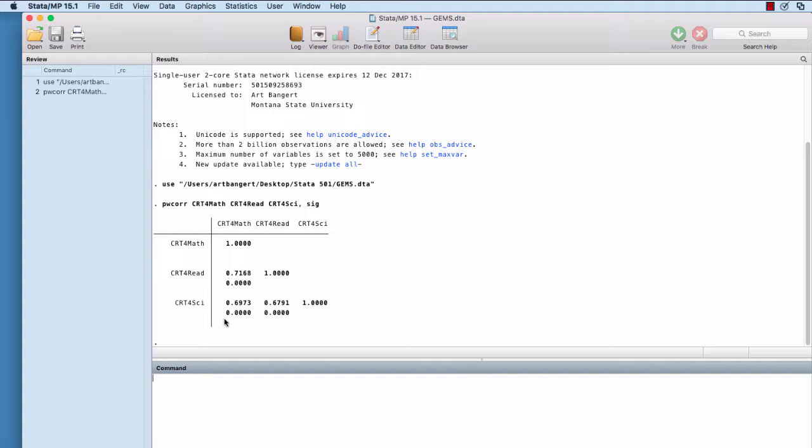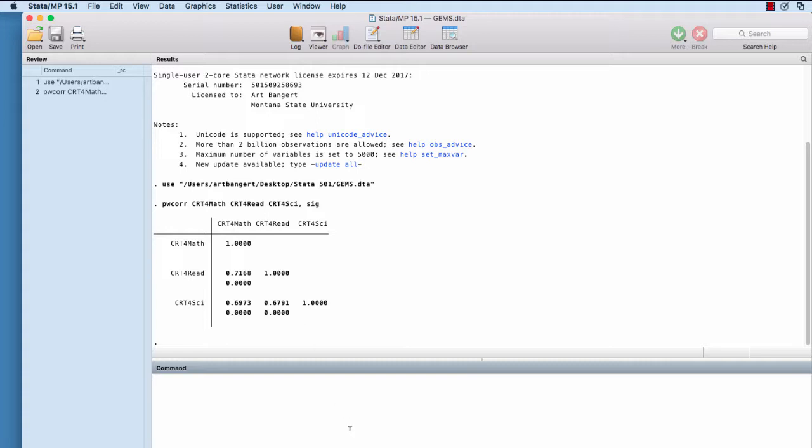The results underneath each one of the correlation coefficients represents the significance of those correlations. So you can see that these are highly significant. In other words, p is less than 0.0001.